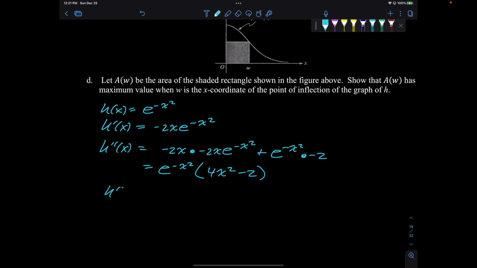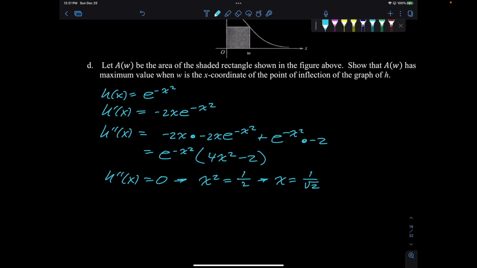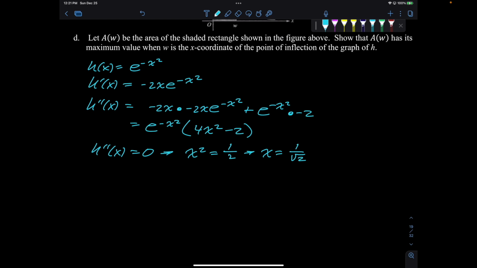Okay, so h double prime equals 0 gives us what? x squared is 1/2. So x has to be in the first quadrant, so x is 1 over root 2. Then I need to show that there's a point of inflection. So let's write this as 2 e to the negative x squared times 2x squared minus 1.